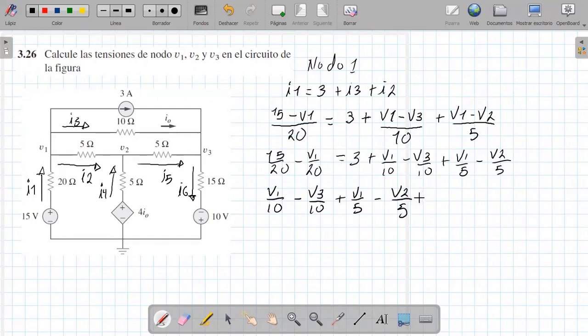Ready. And what happens to the other side? It would still be plus V1 over 5 is going to be equal to 15 over 20 minus 3.